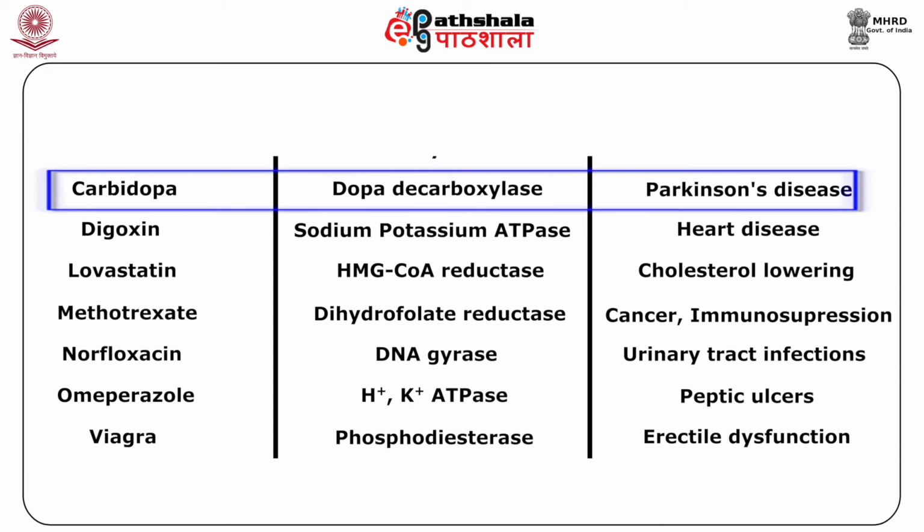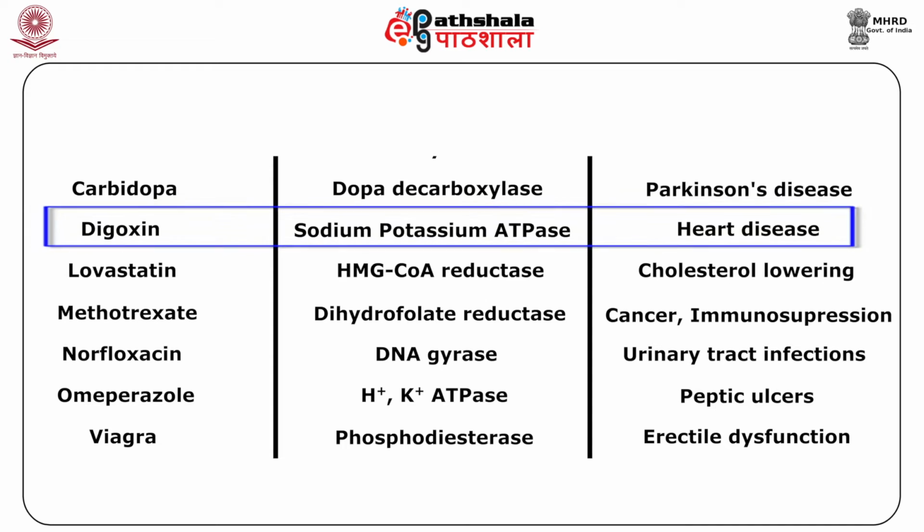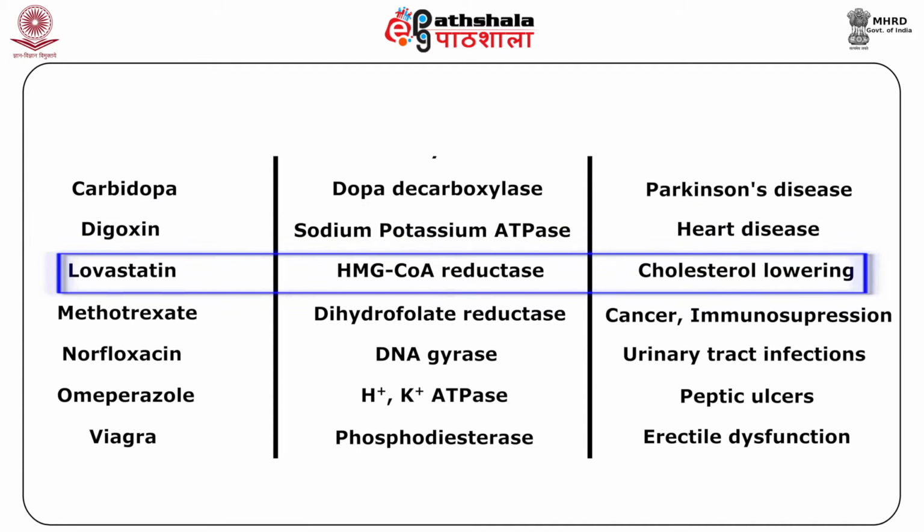Another is carbidopa, which inhibits dopa decarboxylase and is used in the treatment of Parkinson's disease. Digoxin inhibits the sodium potassium ATPase enzyme and is used for the treatment of heart diseases. Lovastatin inhibits HMG coenzyme A reductase for lowering of cholesterol levels in the body.